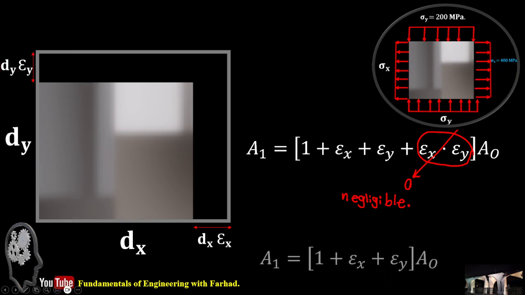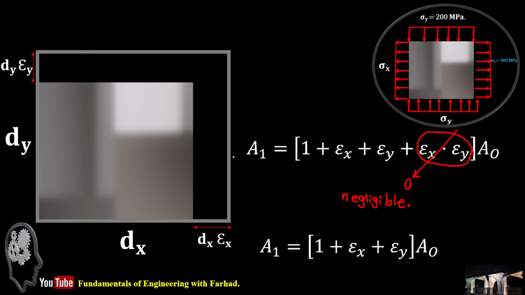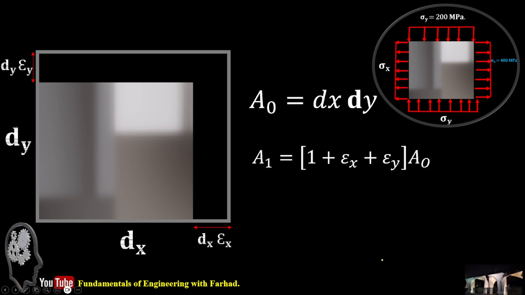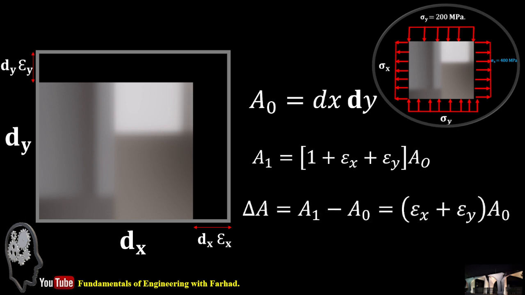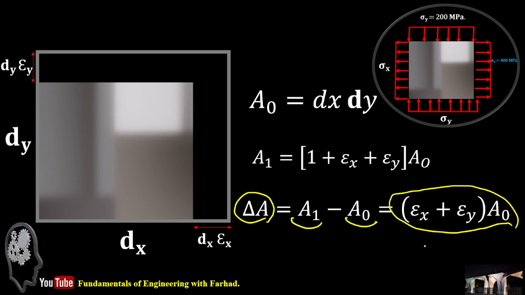As soon as you calculate A1 and simplify it, factoring out A naught, A1 is 1 plus epsilon x plus epsilon y in brackets times A naught. Delta A is simply the new one minus the original one, which is epsilon x plus epsilon y times A naught.